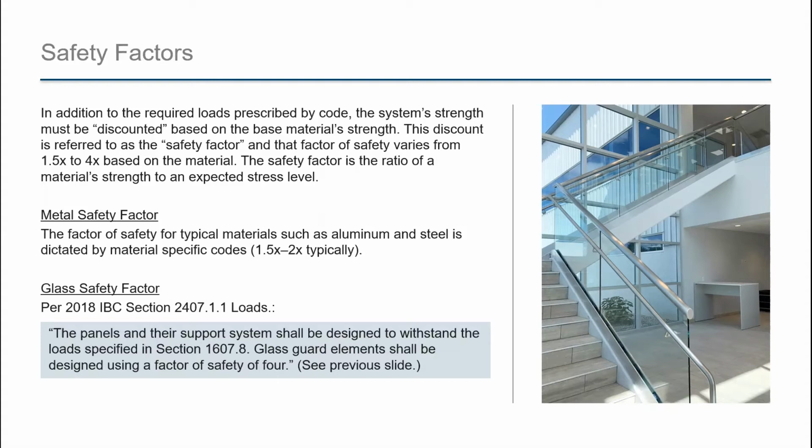In other words, for all metals and for glass, testing involves applying a discrete load to the railing in the field. So usually for railings, the 50 pounds per linear foot and the 200-pound concentrated load. The loads are never multiplied by any safety factors when you're testing. Testing, if required, should be discussed with the design team and written into the specifications if necessary.